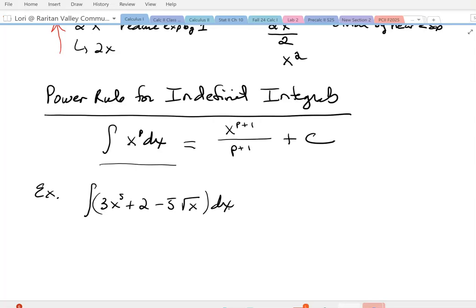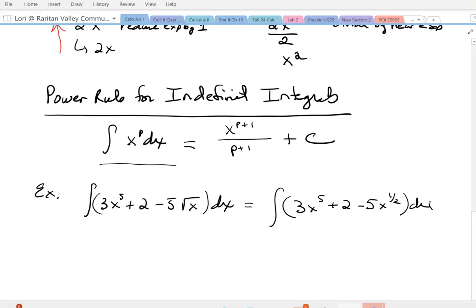Okay, so I'm going to make one quick adjustment, because it is much easier to work with our powers instead of our radicals.